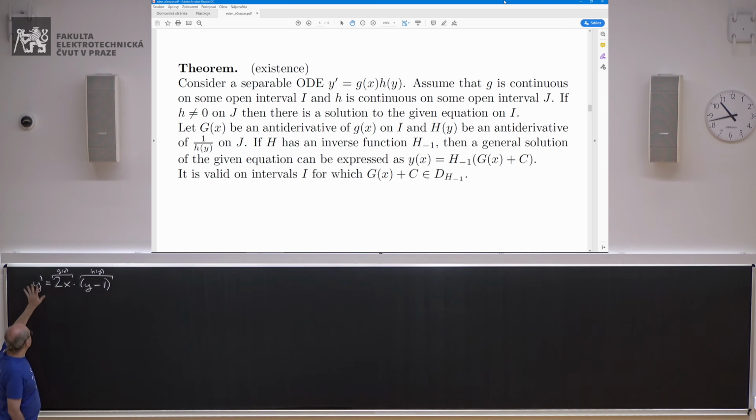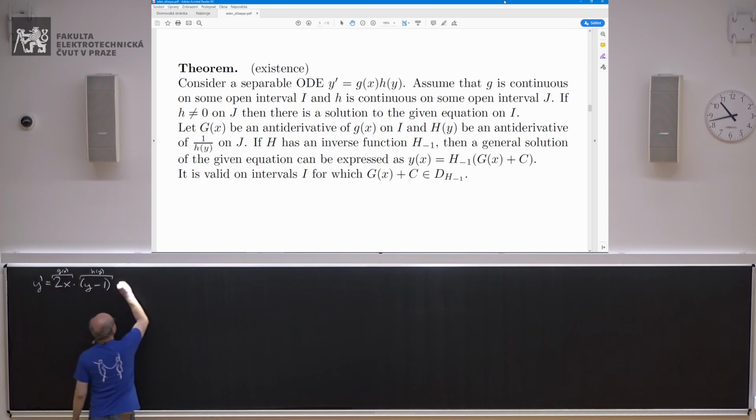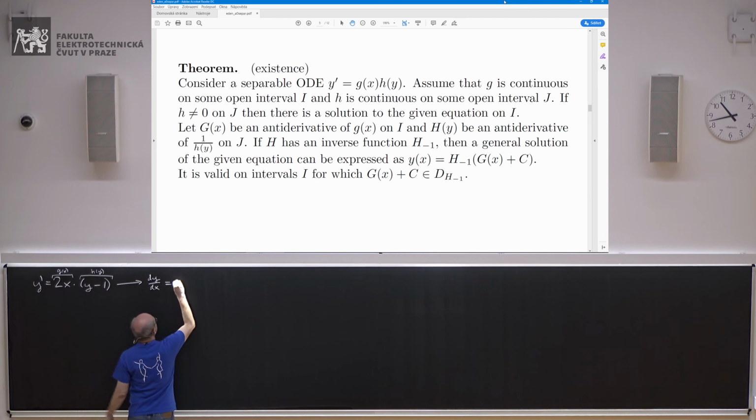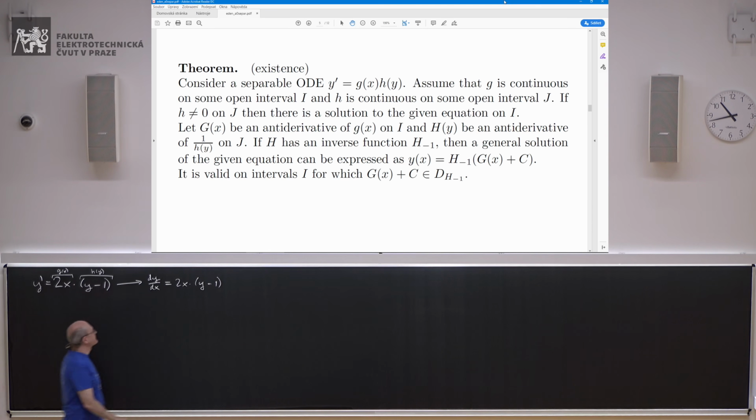Let's try it. I look at this equation, and I start by writing it as dy over dx is equal to 2x times y minus 1. And now I'm going to separate. So using the rules of algebra, I will try to move all the x's to the right and all the y's to the left. No problem there.